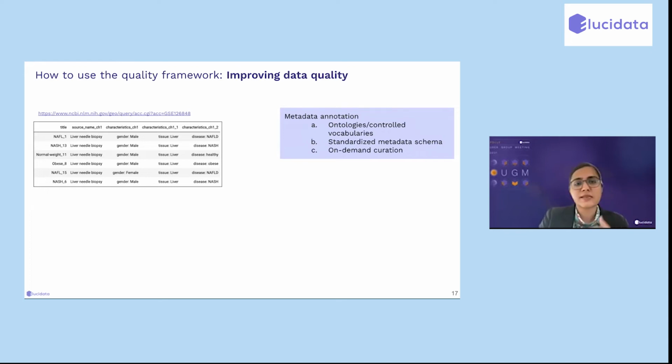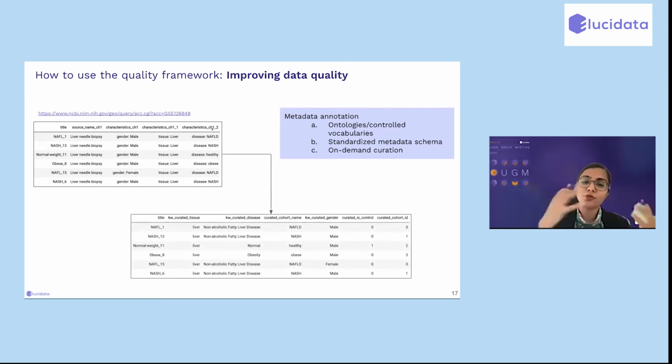And what that means is metadata like the one that you see on your screen, which is part of a data set from Gene Expression Omnibus, where the information about gender is given in a column called characteristic CH1, a very generic name. The information about liver is given in another column called characteristic CH1_1, and about disease is given in another vaguely defined column. And what we do on Polly is to curate this information.